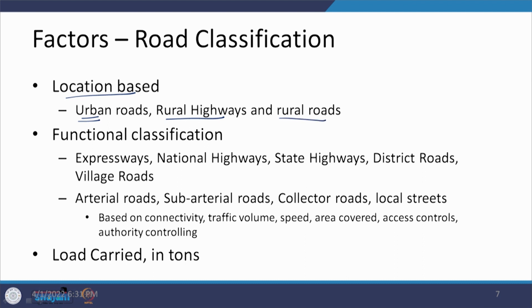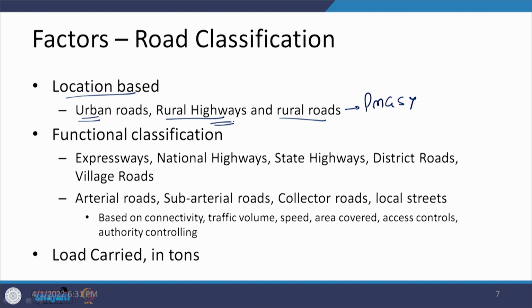So, these two classifications can be done. And in the case of rural roads, one thing which you must know about is PMGSY, that is Pradhan Mantri Gram Sadak Yojana, which is totally related to the connectivity to be provided to villages which otherwise have not been connected by the rural highways or the village roads, which fall into the category of rural highways.